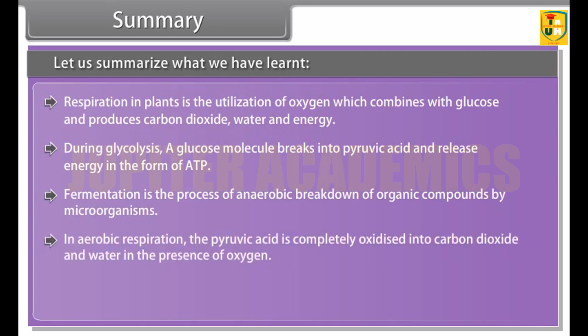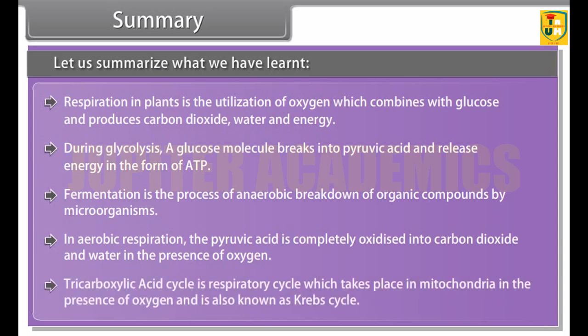In aerobic respiration, the pyruvic acid is completely oxidized into carbon dioxide and water in the presence of oxygen. The tricarboxylic acid cycle is the respiratory cycle that takes place in mitochondria in the presence of oxygen and is also known as the Krebs cycle.